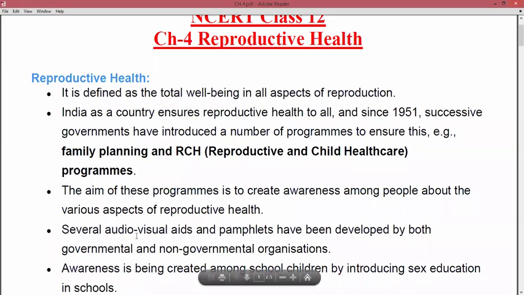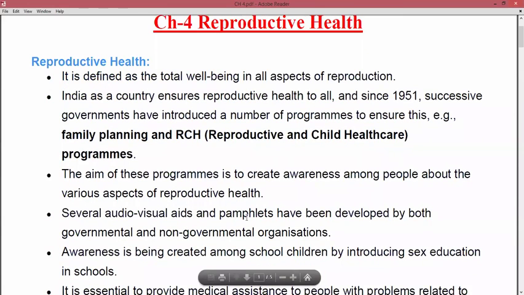There are several audio visual aids and pamphlets which have been developed by both governmental and non-governmental organizations, right?